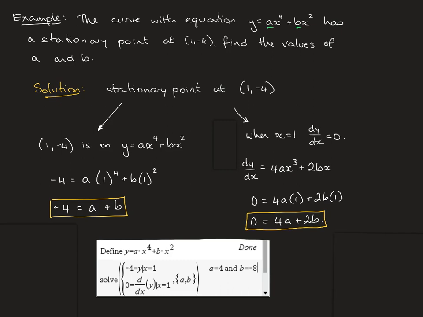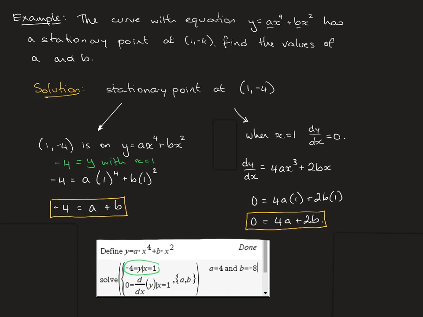And so you can see I've defined my function here, and then I'm asking it to solve. What I'm doing here, you can see at the top, is -4 is equal to y with 1 substituted in. That's what that is saying there, in exactly the same order.